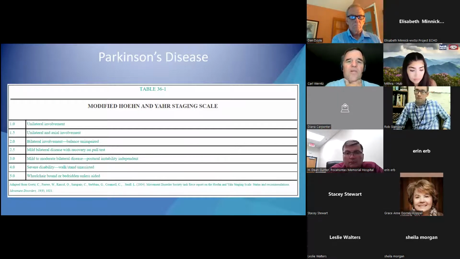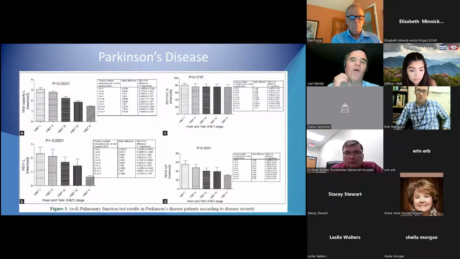So here's what they did for spirometry, and they're all in different places. The one to focus on is the upper left-hand corner, which is the vital capacity. If you just look at the graph, you can see that the vital capacity decreases significantly. Their H&Y 1 people had a vital capacity of maybe 3.1 liters, and their H&Y 5 people had a vital capacity of maybe 1.5 liters.